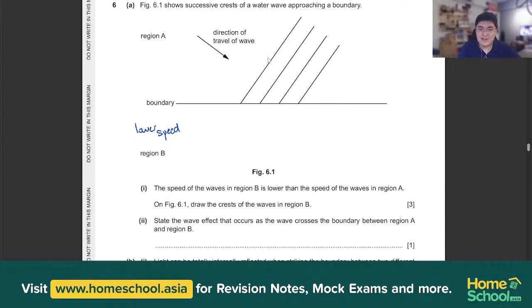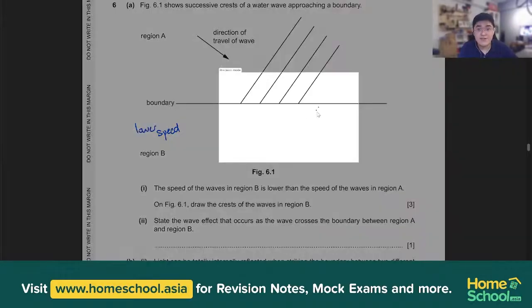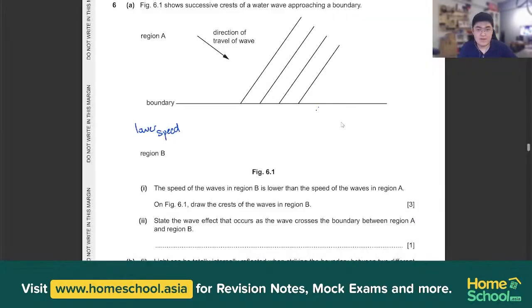So basically, the waves travel this direction and go into this boundary where they move at lower speed. When it moves at lower speed, the most important thing we need to note is the wavelength becomes shorter and the direction of the wave, oops, that's my bad.